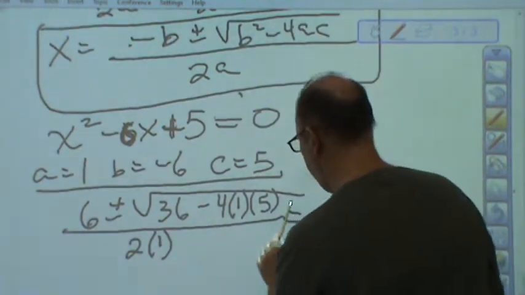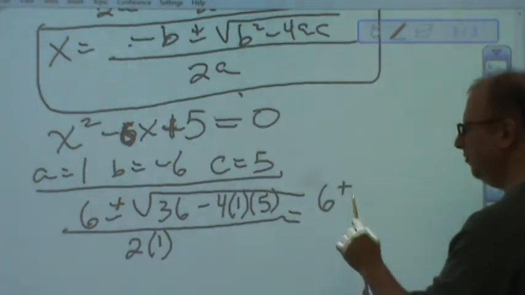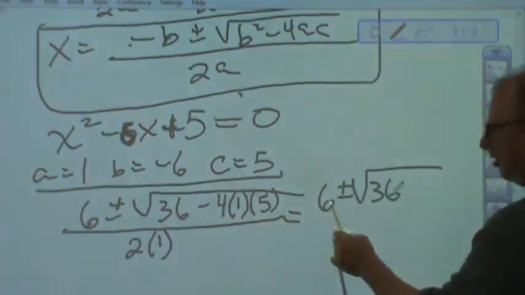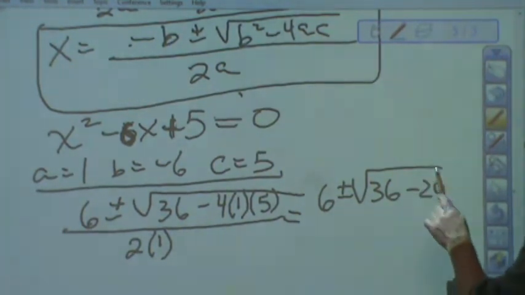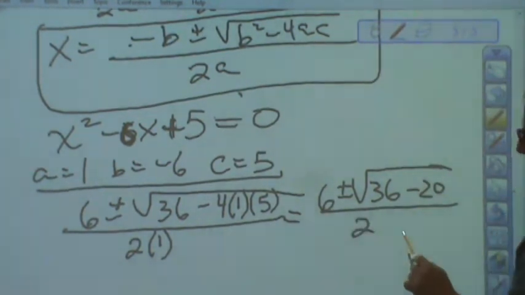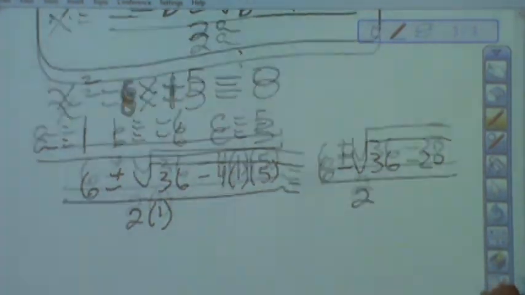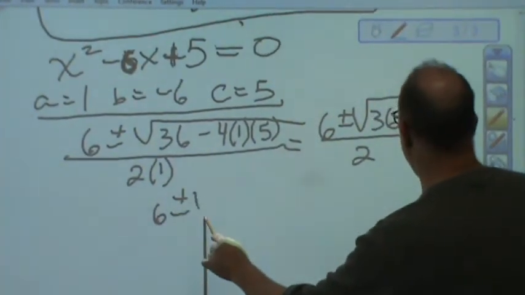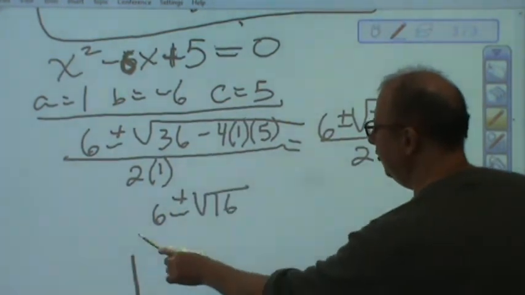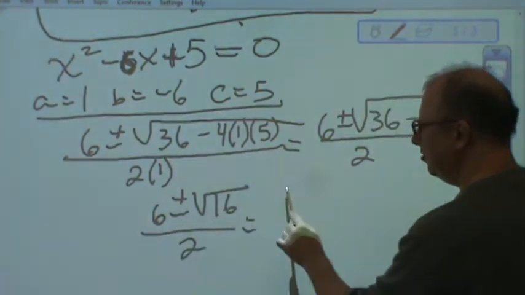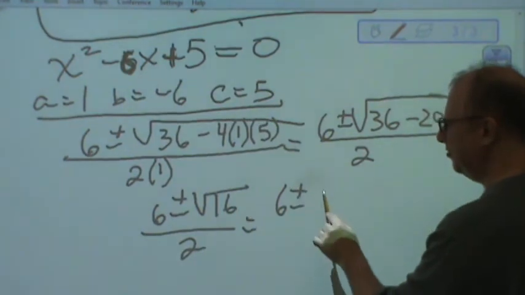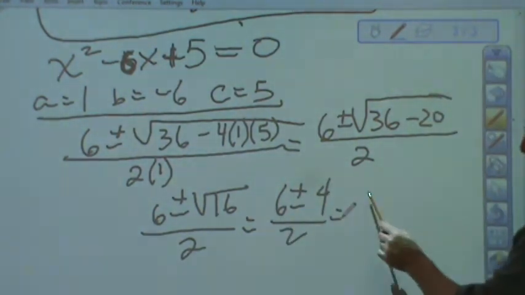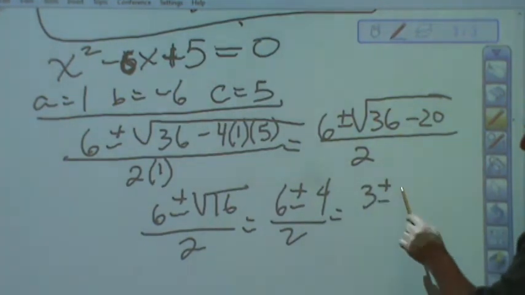Which is 6 plus or minus the square root of 36 minus 20 over 2, which gives you 6 plus or minus the square root of 16 over 2, 6 plus or minus 4 over 2, which is 3 plus or minus 2.